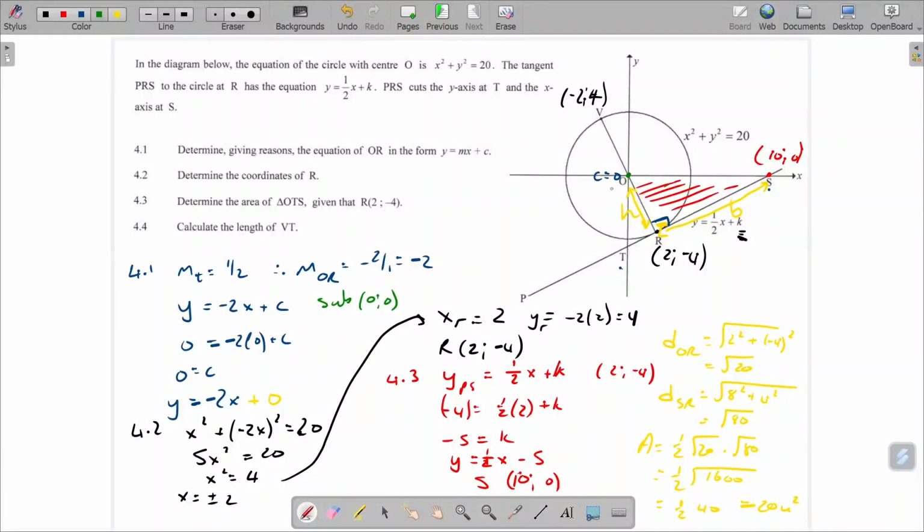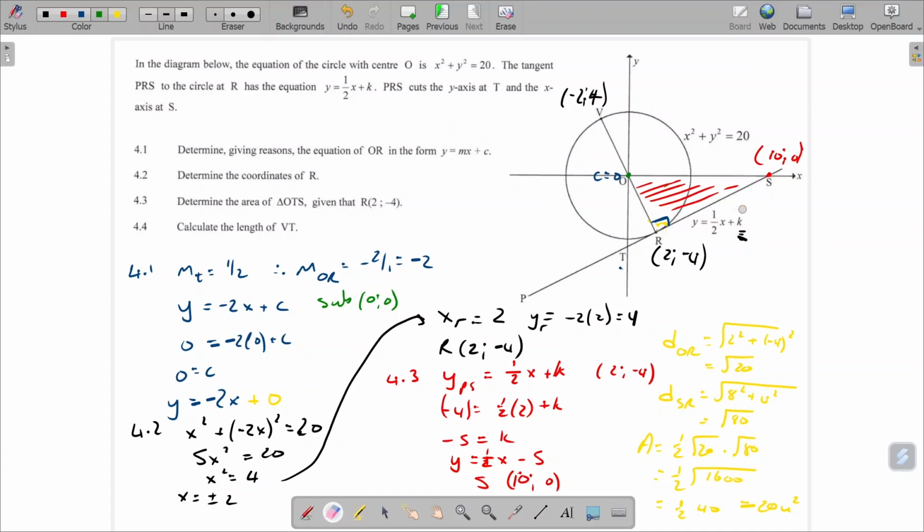What I would like you to realize is that part of why we do coordinate geometry is so that we have the coordinates, the axes, to our advantage. So instead of using the right angle of the tangent and the radius, what I'm going to choose to do is focus on just the idea of why did they give it to me on a set of axes.